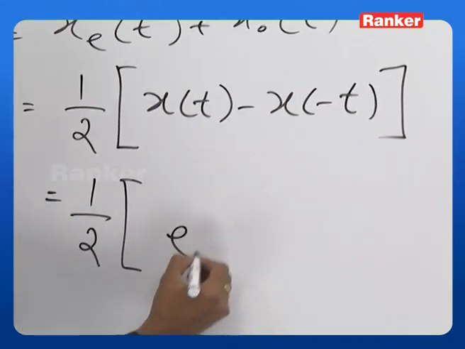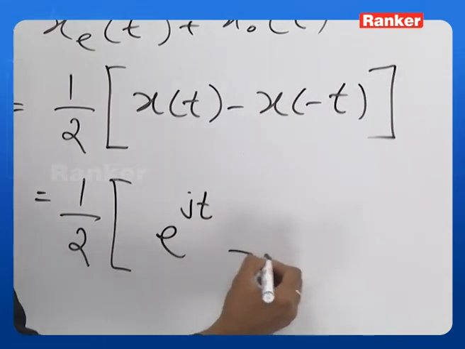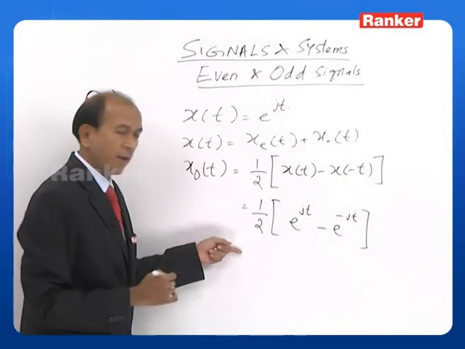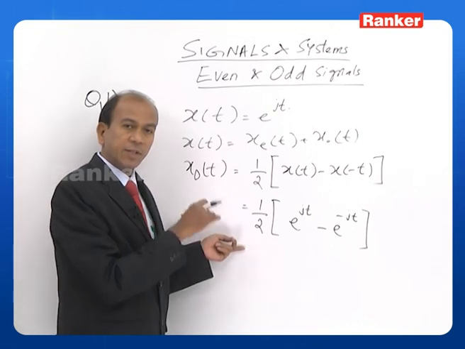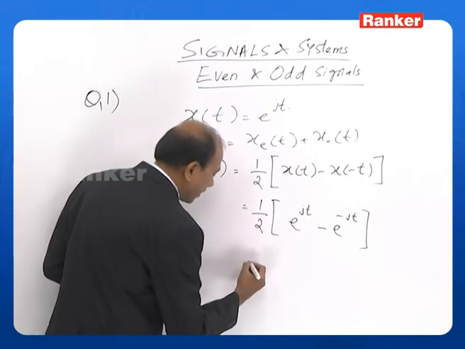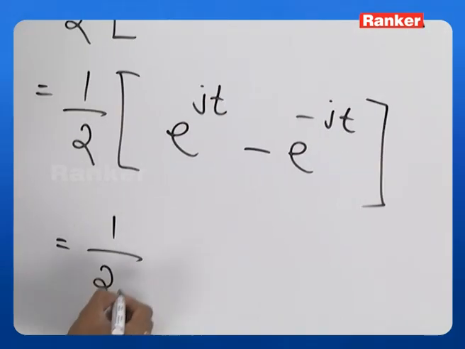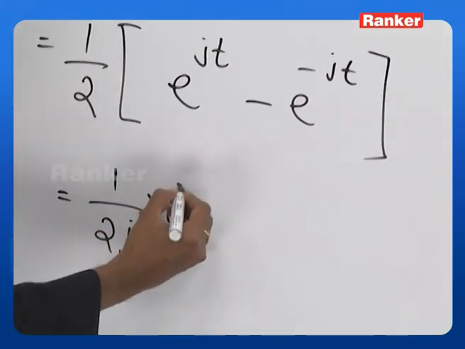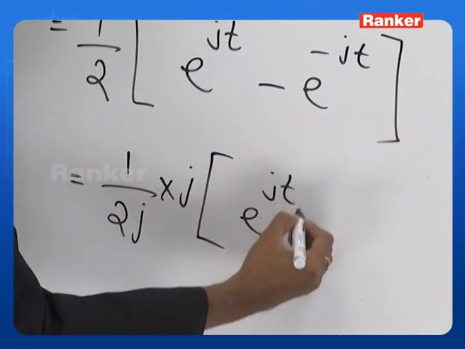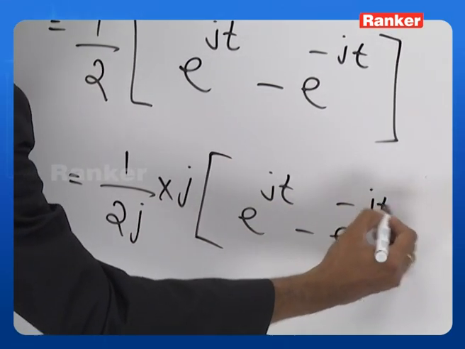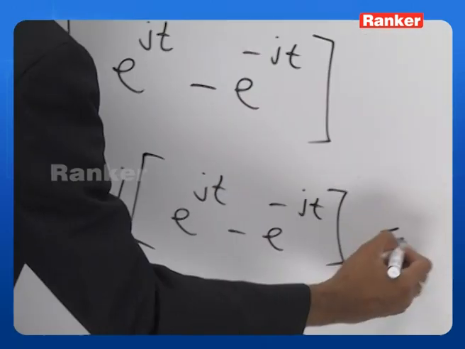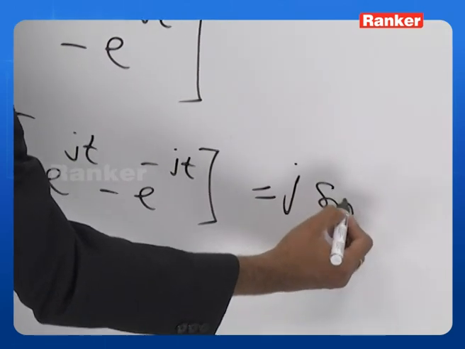So this will become e to the power of jt minus e to the power of minus jt. Okay. To get this into the standard format, I will divide and multiply by j. So I can write this as 1 by 2j into j, e to the power of jt minus e to the power of minus jt. So this is equal to j into sin t.